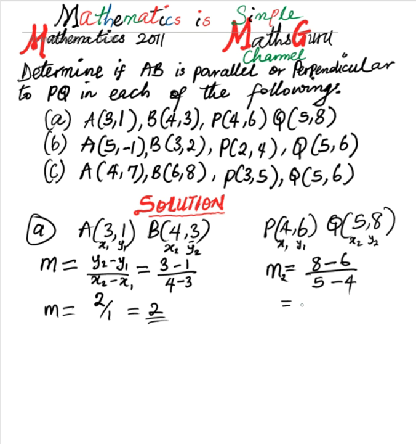And this will be equal to 2 over 1, which is the same thing as 2. So M2 is equal to 2. Now we find out that M, the gradient of AB, is equal to M2, the gradient of PQ. In that case, we say AB is parallel to PQ.